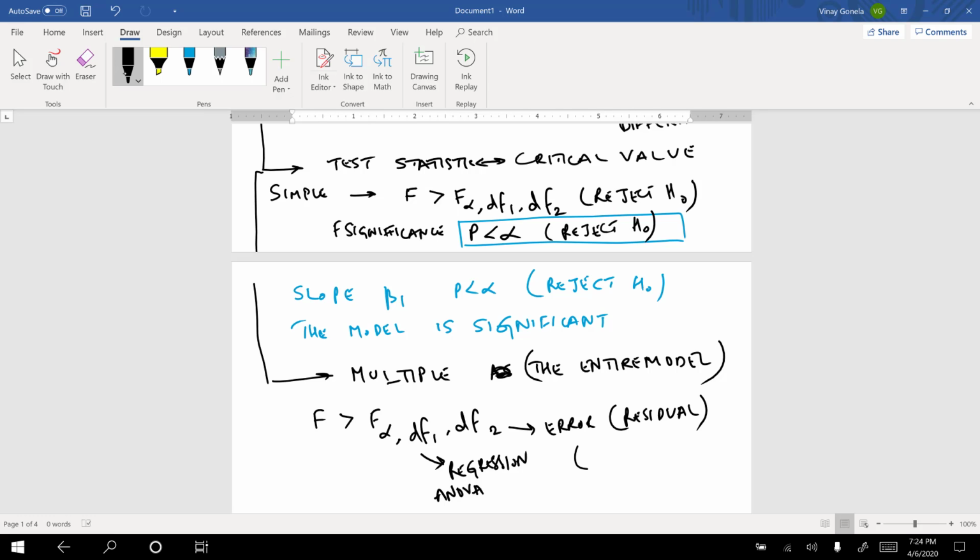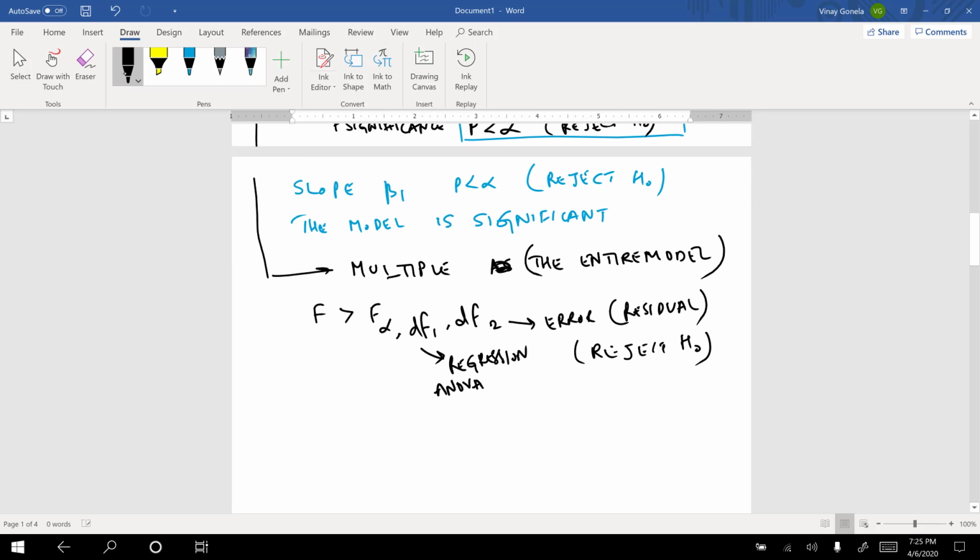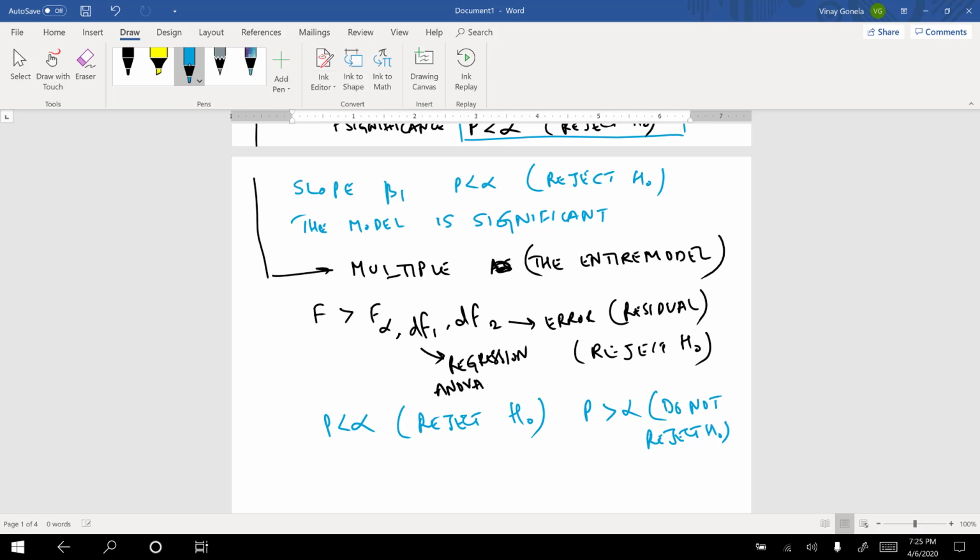If this is greater, again you reject H null, or again we will be relying mostly on p-value less than alpha, reject H null. If the p-value turns out to be greater than alpha, you say do not reject H null. So that is how you are dealing with it. This is when you look at the ANOVA table at significance F, or they might call it the p-value. We will look at it when we solve a problem.